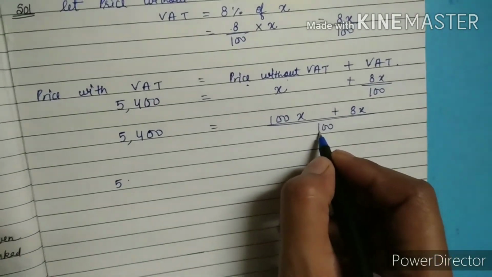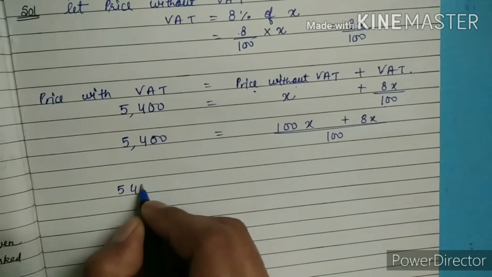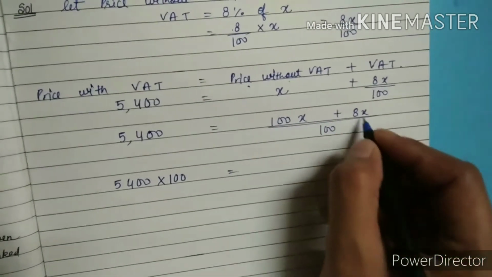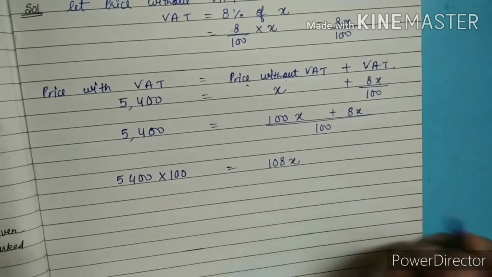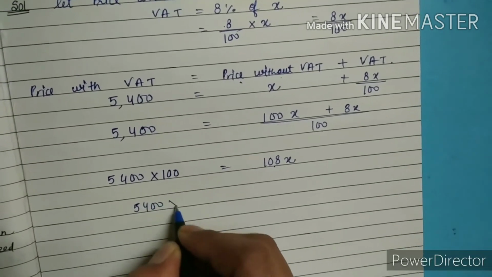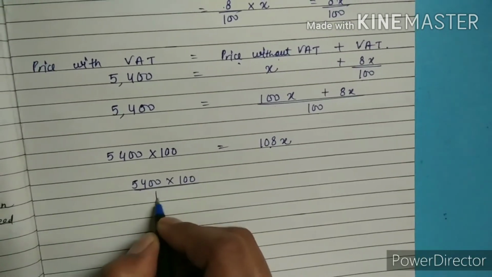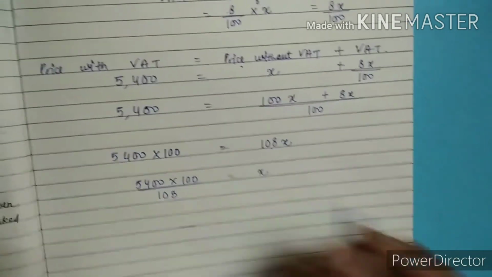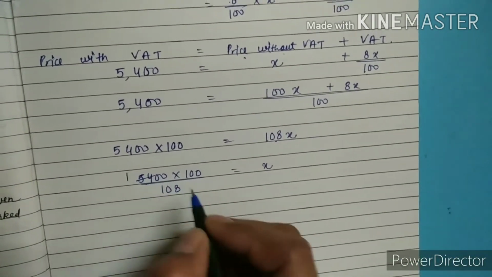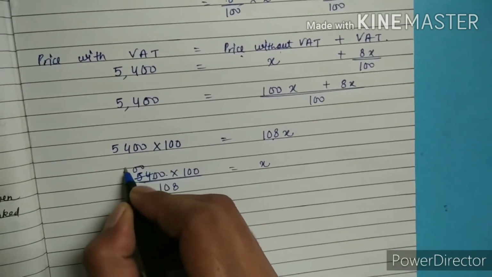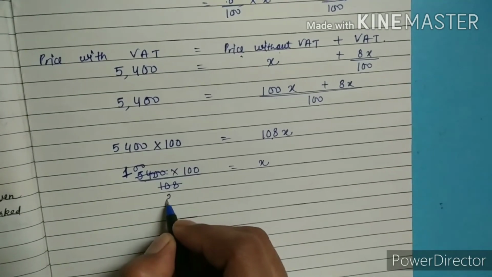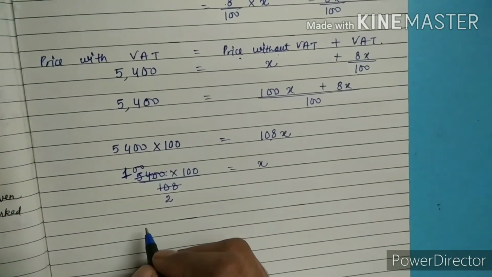Here the division by 100 will go to the opposite side in multiplication. So it will come here in the multiplication, and 100 plus 8 is 108x. So it will come in the denominator in the form of this. So you can see 54 ones are 54, 00 as it is, so it will become 100, and 54 twos are 108.